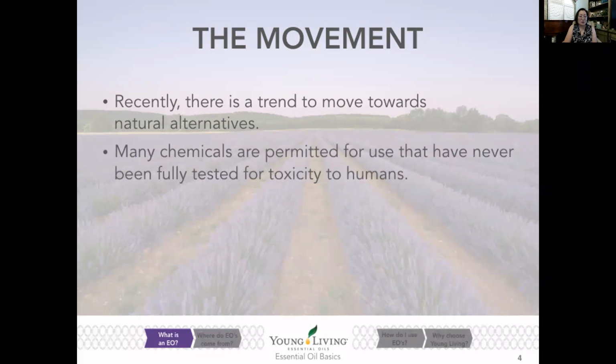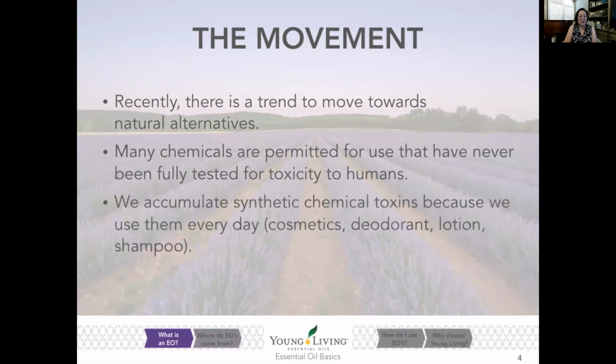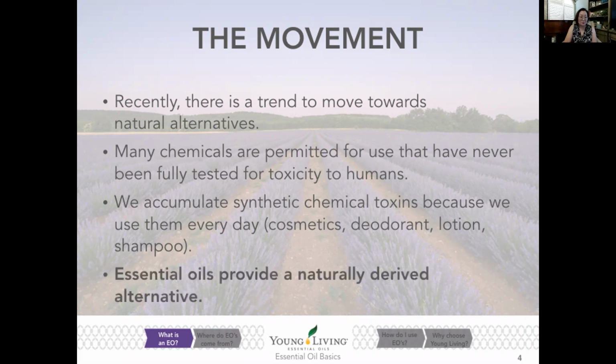So there's a trend to move towards natural alternatives, which is good. Many chemicals are permitted for use that have never been fully tested for toxicity to humans. We accumulate synthetic chemical toxins because we use them every day. Think about all the personal care items and all the things that we put in and on our bodies, right? So essential oils, especially Young Living essential oils, provide a naturally derived alternative.